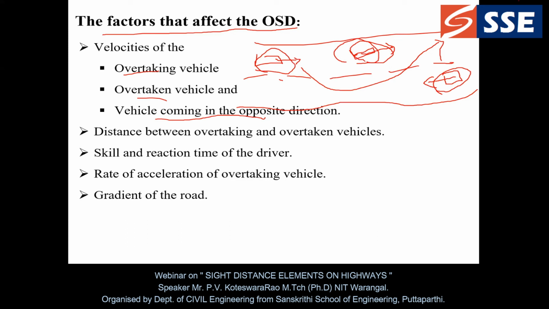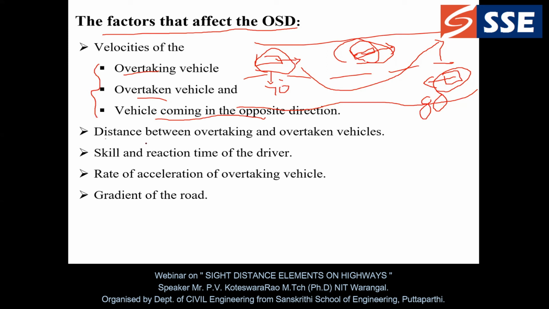For example, if I am traveling at a speed of 70, whereas the opposite vehicle is traveling at a speed of 80, is it advisable to go for overtaking? Because the opposite vehicle is coming with a higher velocity than mine, how can I take the overtaking process? It's not advisable. Based on the velocities of all these parameters, we need to go for overtaking. The velocities play an important and crucial role.